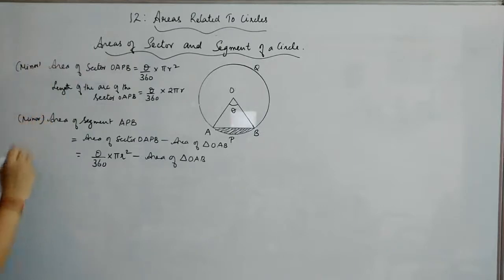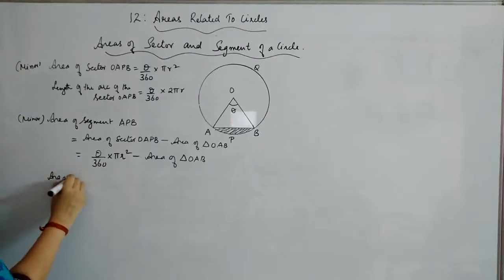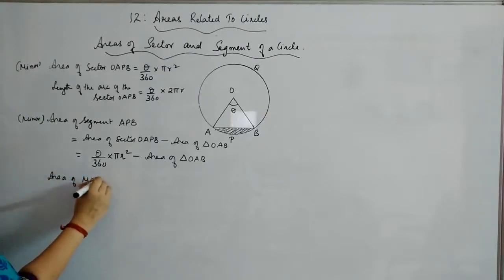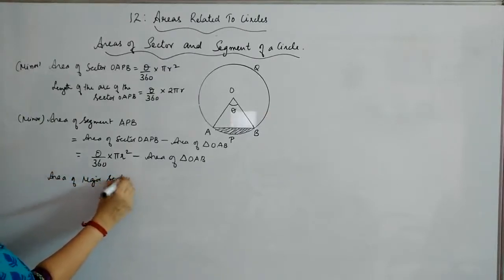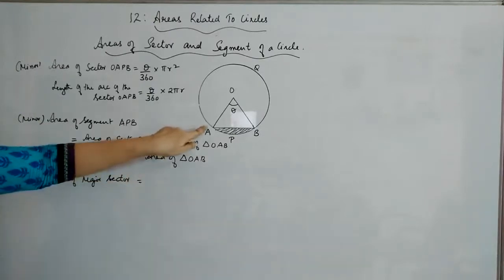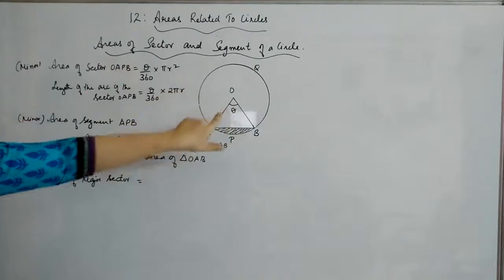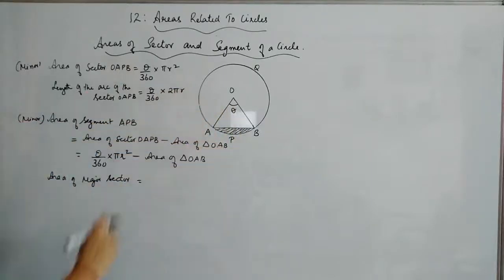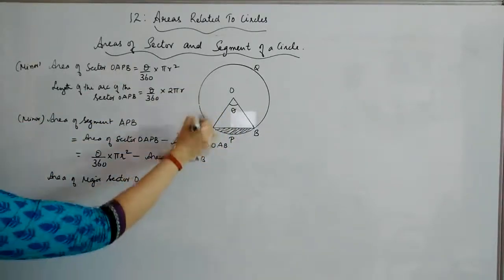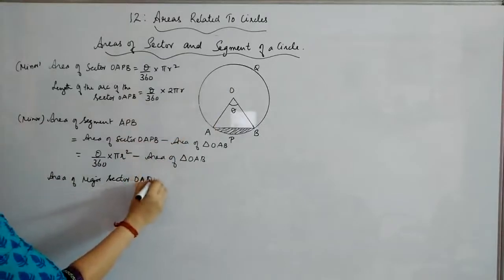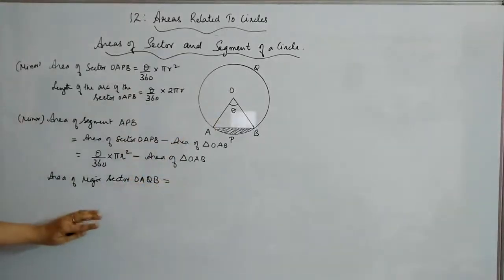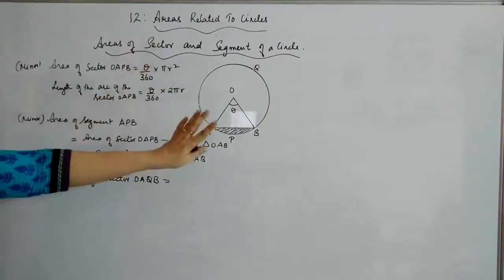That means you need to find the area of the major sector. You just see, your smaller, minor sector is OAPB. The major sector will be OAQB. And how will you get the value of the major sector? The total region's area is pi r square.